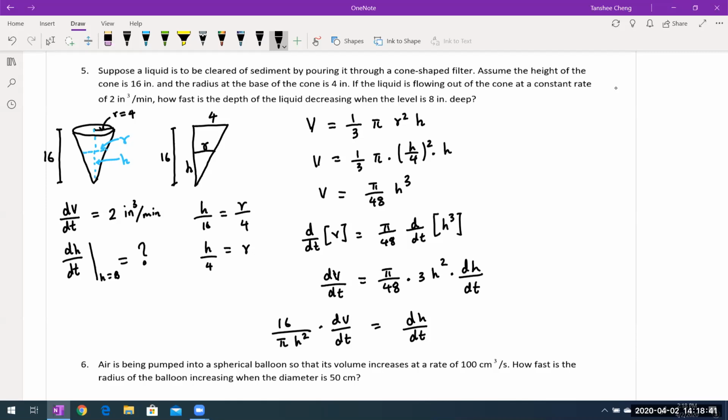So now what we want is to evaluate at a specific height. What is the instantaneous rate of change of the depth going to be? I want to find dh/dt specifically when the height is equal to 8 inches deep. So that is equal to 16 over pi times 8 to the second power, times my rate of change in the volume, which is 2.